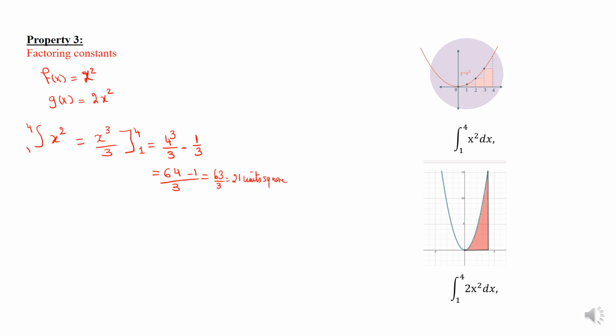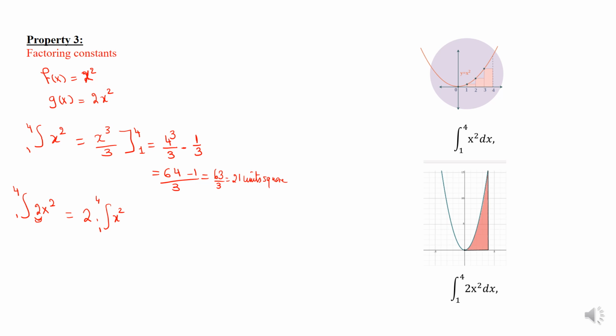Okay, now let's find the area under the curve of the function y equals 2x squared. As in indefinite integrals and as in derivatives, you can factor the constant out. So this is 2 multiplied by the integral of x squared from 1 to 4.